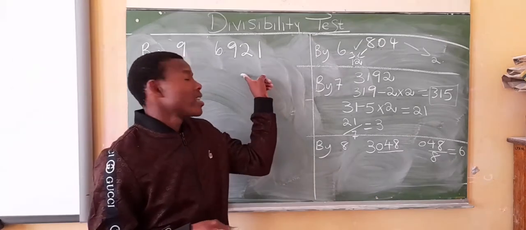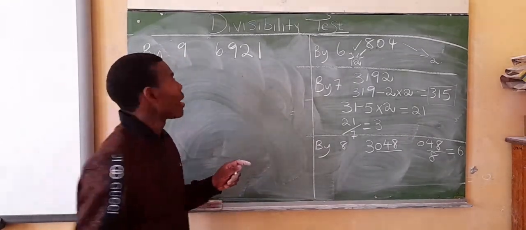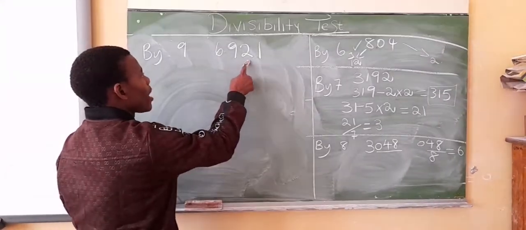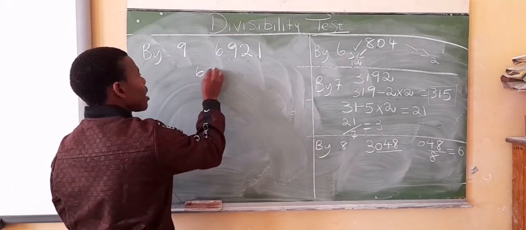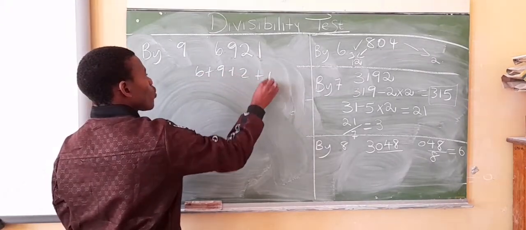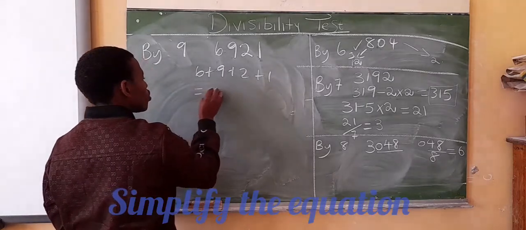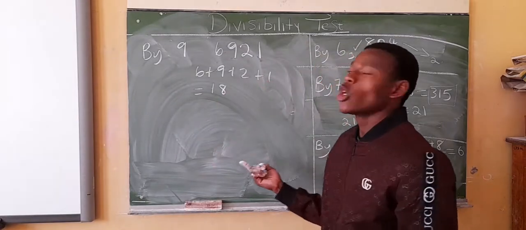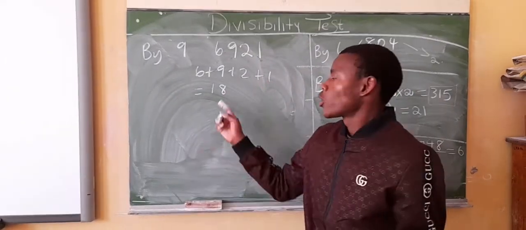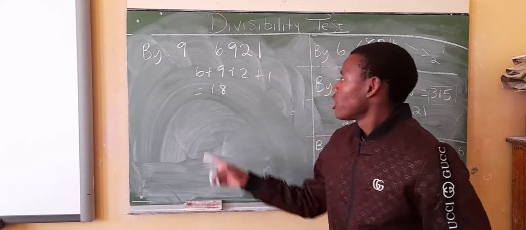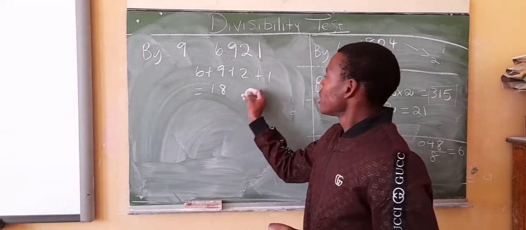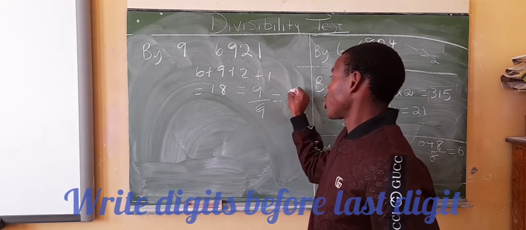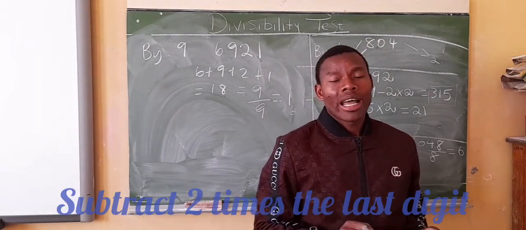We do the same thing for divisibility by 9. So 6 plus 9 plus 2 plus 1 gives us 18. If 18 is still big and we don't know whether it's divisible by 9, we can continue adding the digits: 1 plus 8 is equal to 9. Is 9 divisible by 9? Yes.